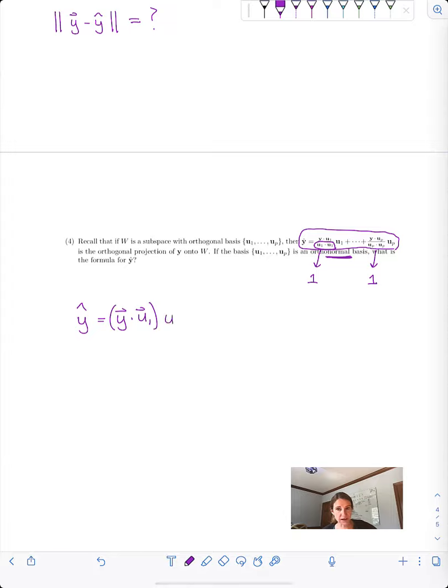We just have the dot products of y and each of our orthonormal basis vectors. If you like whole numbers, this is kind of nice. If your basis vectors and your y are already whole numbers, then you know you're not going to get any fractions because you've gotten rid of the denominator.